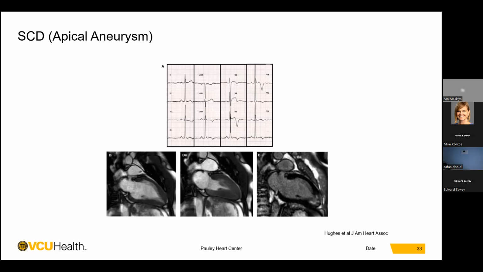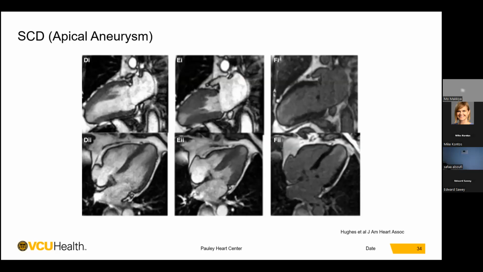Relative apical HCM was originally considered entirely benign, but recent data suggests it is associated with pathology and complications down the road, like LA dilatation, apical aneurysms, and the development of apical myocardial scar.